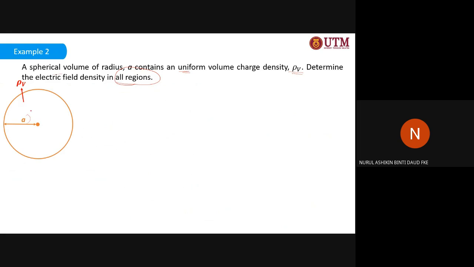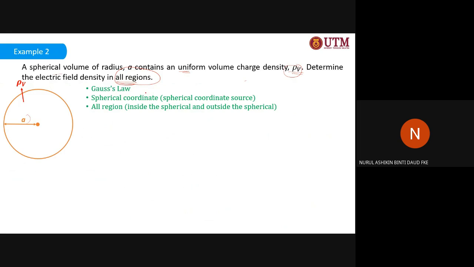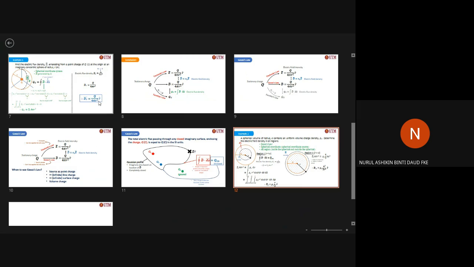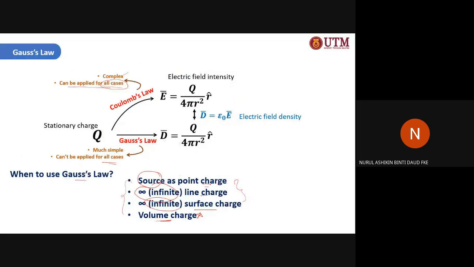And then this sphere has a volume charge density rho v, and you need to derive the electric field density in all regions. Which formula can you use? Since it is clearly a volume charge, and if you look back at the laws, for Gauss law, volume charge is allowed.